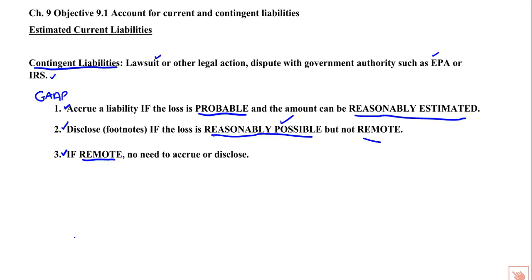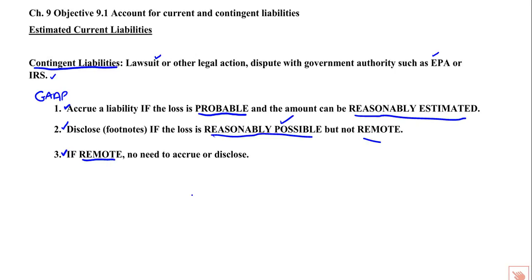It has a specific meaning to professionals. Remote would mean no one really thinks it's going to happen. Could something weird and unforeseen happen with a lawsuit, or Congress change the law for your EPA case? Yes, but given the current facts, you can't see any reason why you would end up incurring any loss in the future.